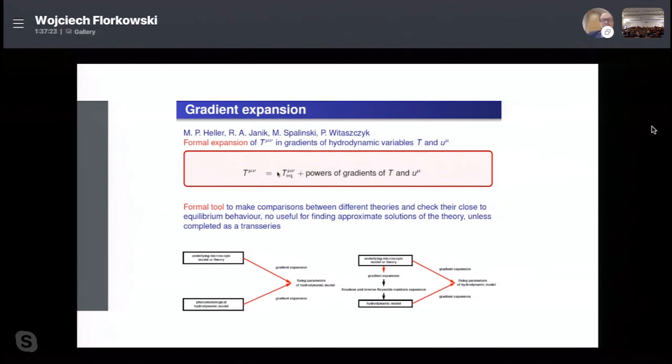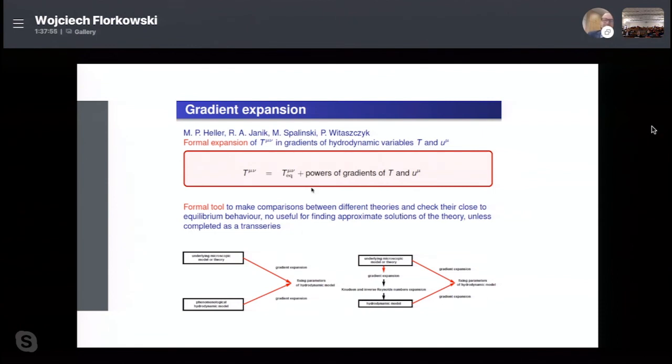We can start with the local equilibrium T mu nu, and some terms which are really gradients of temperature and the flow. Of course, if we add them all, we do not get a good description of T mu nu, but we can make this expansion. We can do it for any theory. Of course, it's very difficult to do it, usually, for something like QCD, but for simple systems, you can do it. I gave you the examples.